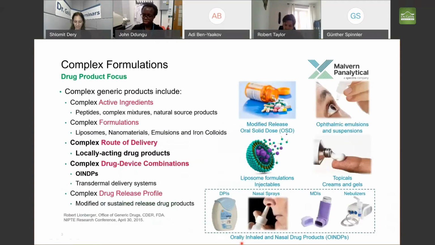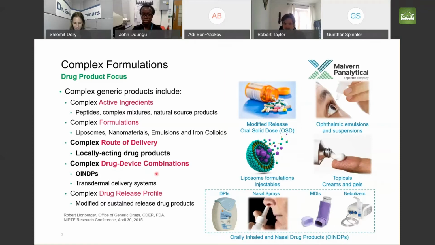Okay, so just very briefly, this is a quick run through of what we're talking about here. OINDPs are termed complex drug products, and there are several definitions of complex drug products. But the two that I'm going to focus on today are the route of delivery and the drug-device combination, because, as you can see from the graphic at the bottom of the screen, OINDPs are a combination of the formulation and the device.